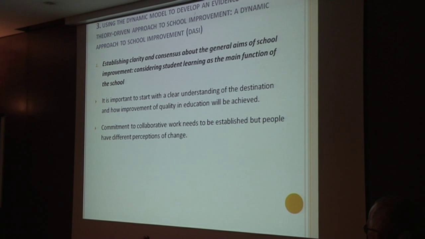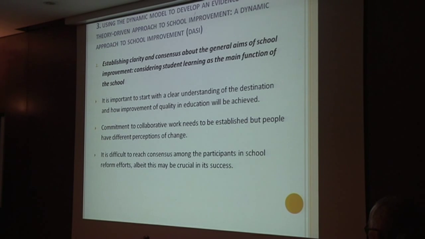So it's quite difficult to establish clarity and consensus, even about the general aims of a school improvement project. And here, the role of the R team, the advisory and research team, is quite critical. They need to support school stakeholders in order to understand that student learning should be considered as the ultimate aim of any school improvement effort.